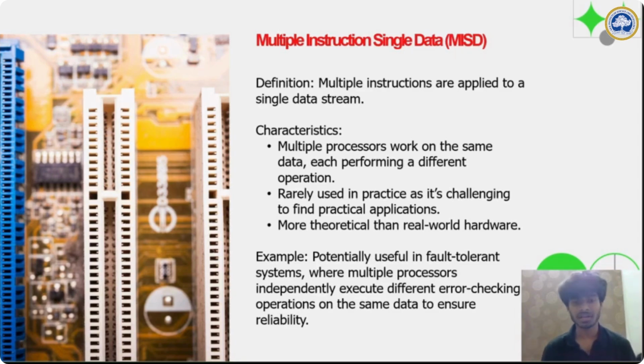And it is more theoretical than real-world hardware. Its example is potentially useful in fault tolerant systems, where multiple processors independently execute different error checking operations on the same data to ensure reliability.